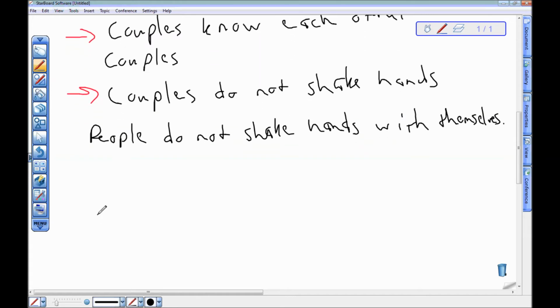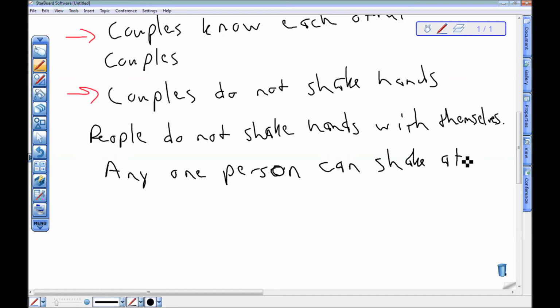So couples don't shake hands, and people don't shake hands with themselves. Those two pieces of information let me know that any one person can shake at most, well, let's think about this. There are 10 people at the party, but they don't shake hands with themselves, so that's 9 potential handshakes. Since everyone there is in a couple, they won't shake hands with the person they came with either, so that's 8 other people that they could shake with.